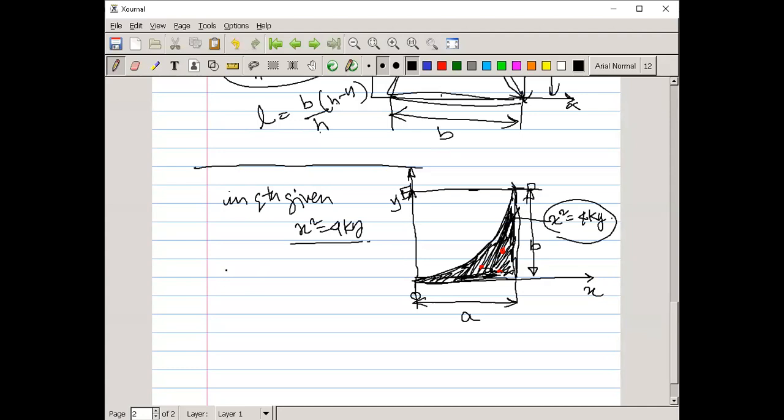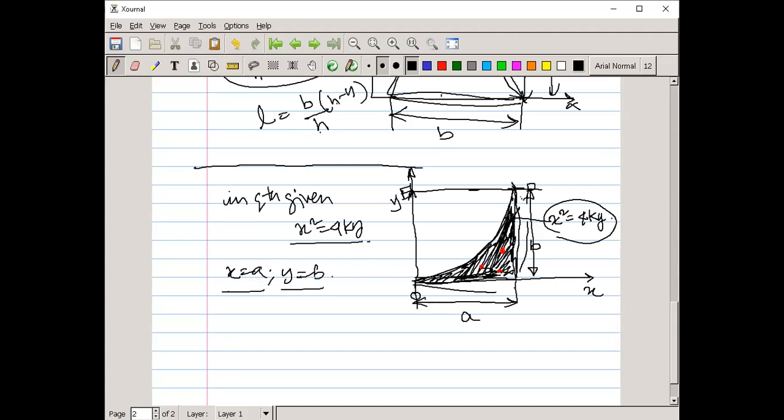Then when we consider x is equal to a, because it is along the x axis, for x is equal to a, y is equal to b. This is our boundary condition, because this length is a and this length is b.